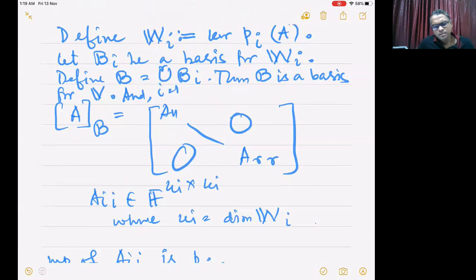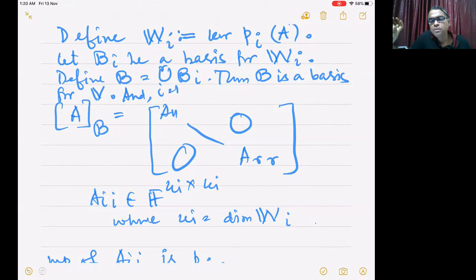So let me repeat. We have a vector space V, finite dimensional, with scalars coming from the field F, and we have an operator A. Now I look at the minimal polynomial of A, and I factorize it into pairwise co-prime factors, as many factors as I can.